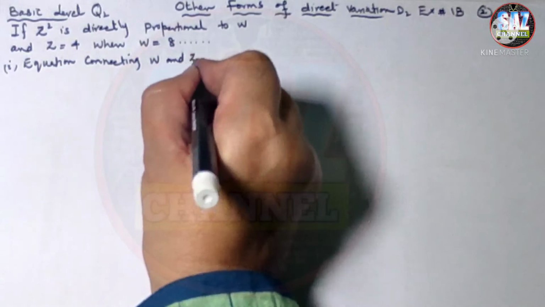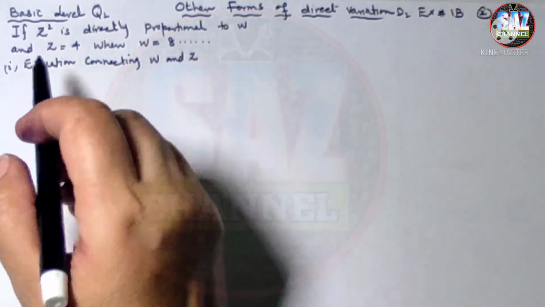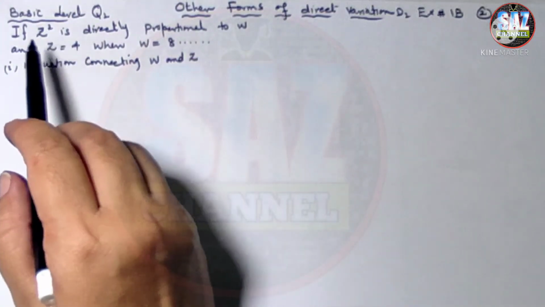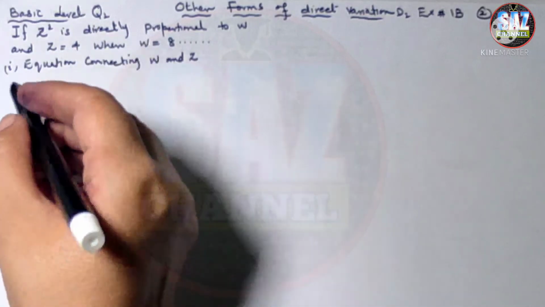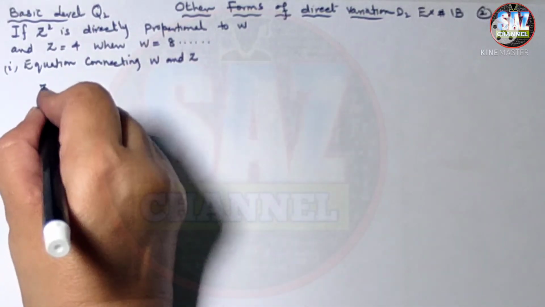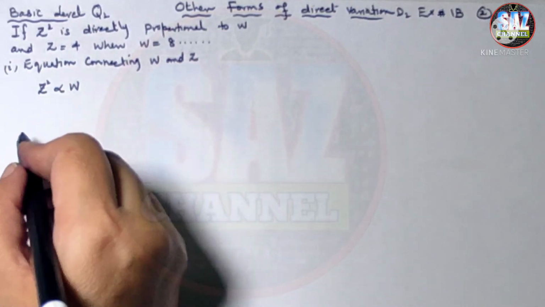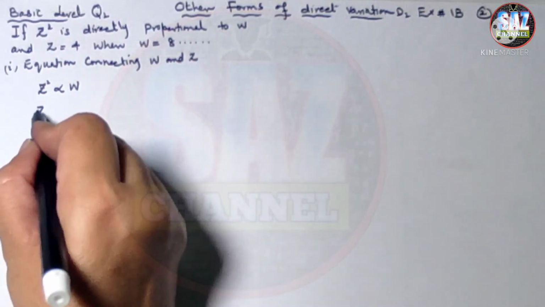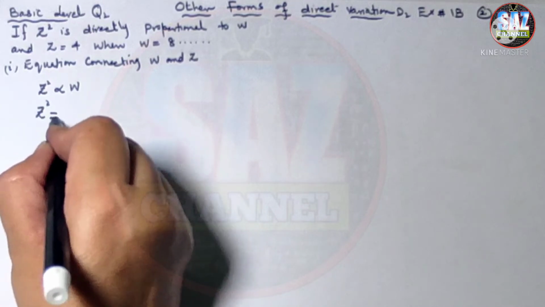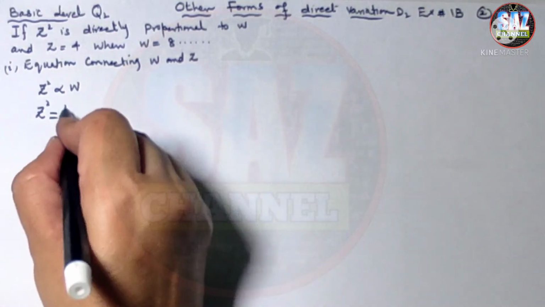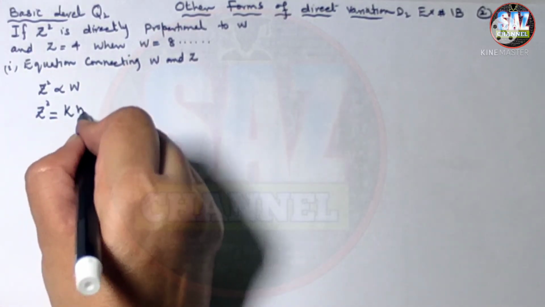Recall the previous question: as z square is directly proportional to w, we have to remove this proportionality sign, the variation sign, and put the constant of variation, z square equals kw.